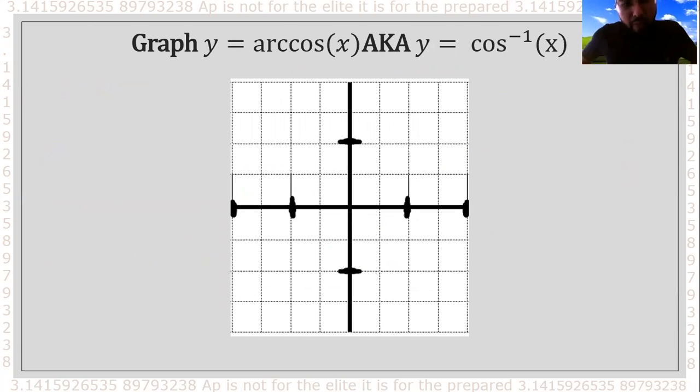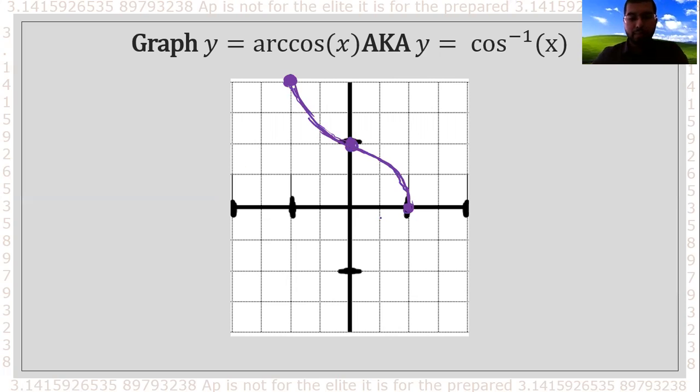Well, hopefully you were able to see that if I restrict it from 0 to pi, this right here will be my function. So something like so. Let me see. There you go. There is curvature. Awesome. So this right here is my arc cosine.